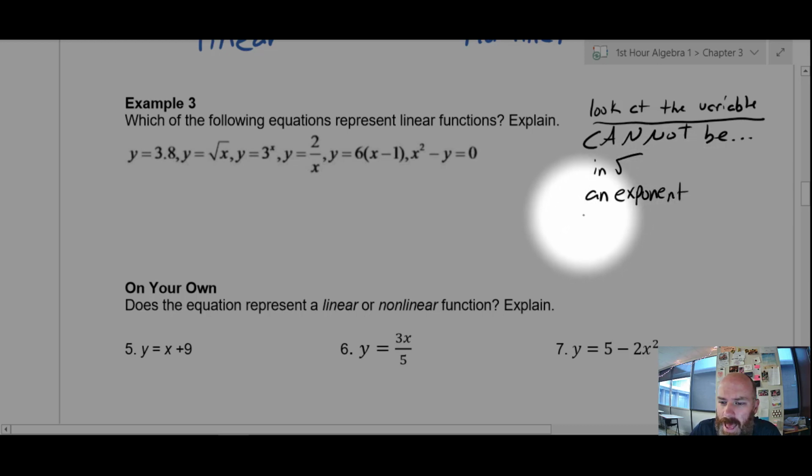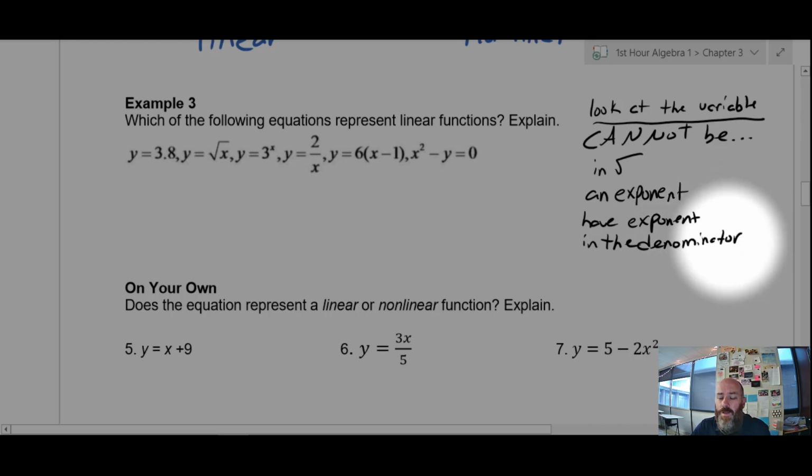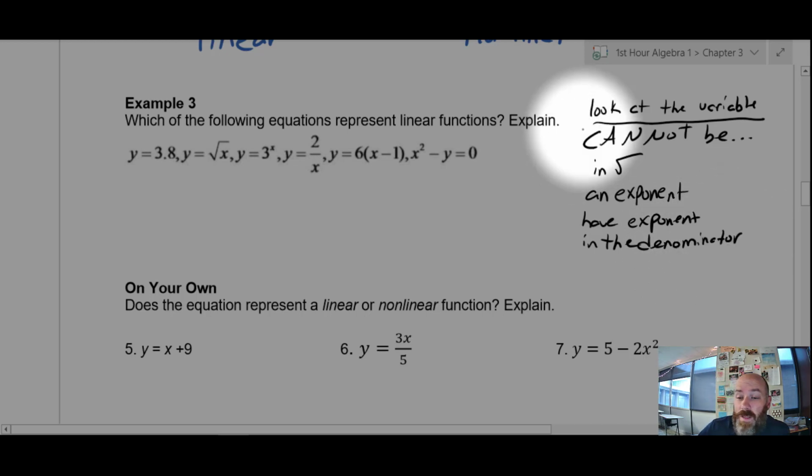It cannot have an exponent. It cannot be in the denominator of a fraction. So let's look and see which ones of these are. So if we see any of this stuff over here, it's not a function.